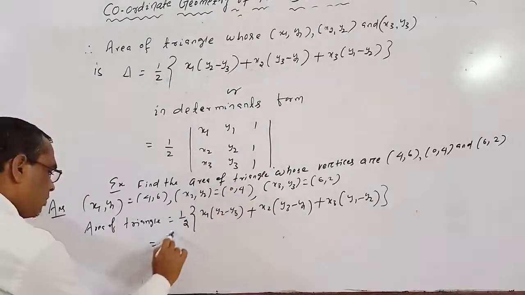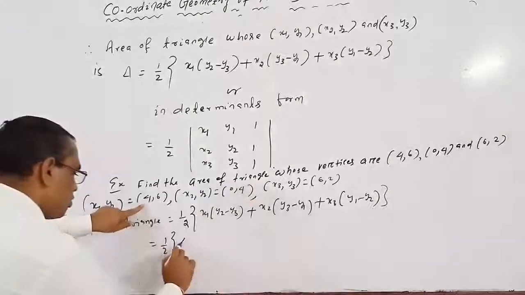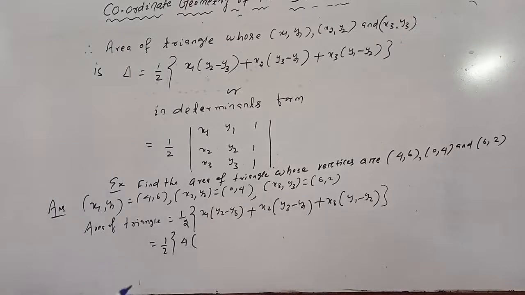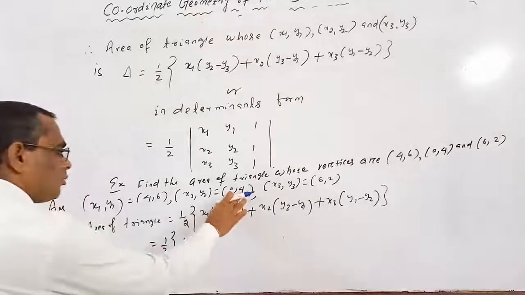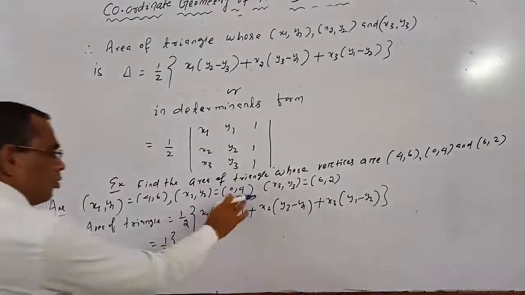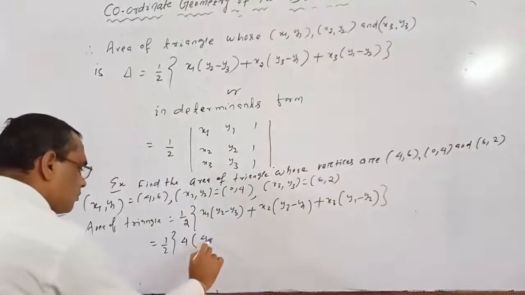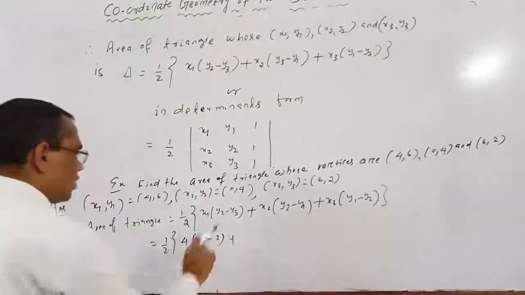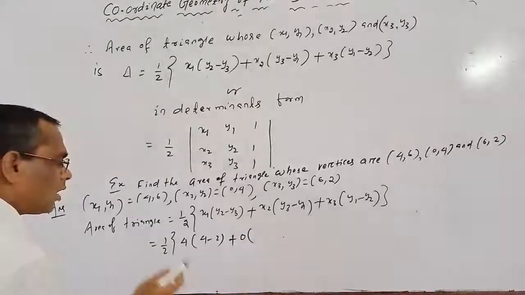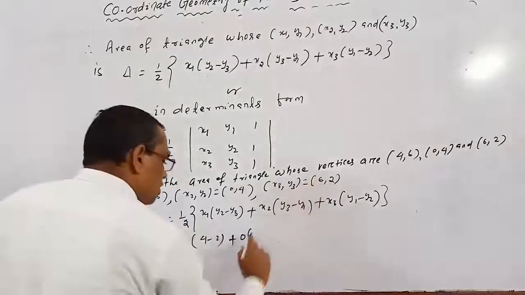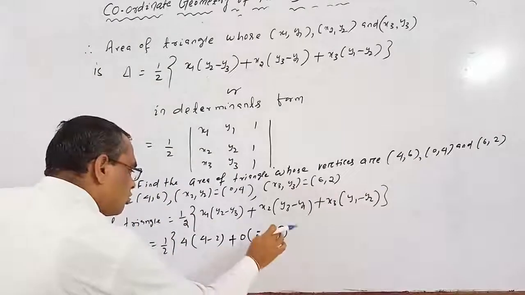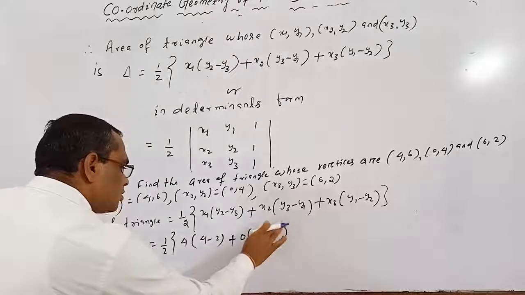Okay. So half into x1, which is 4, so 4 into y2 minus y3, that is 4 minus 2. Plus x2, which is 0, so 0 into y3 minus y1, that is 2 minus 6, 0 into that number is 0.